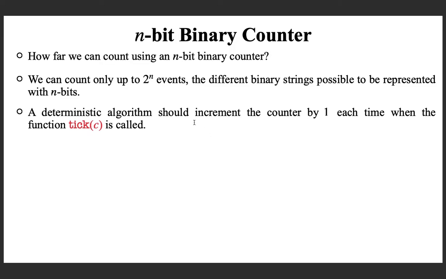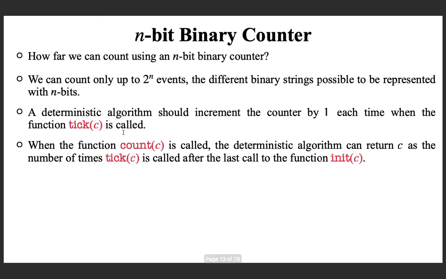A deterministic algorithm should increment the counter by 1 each time the function tick is called. If the counter value is 9, then when it is called, it should increment it to 10. And when the function count is called, the deterministic algorithm should return the number of times tick is called after the last call to init.